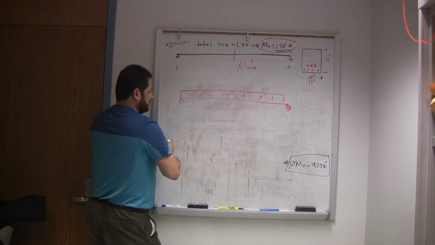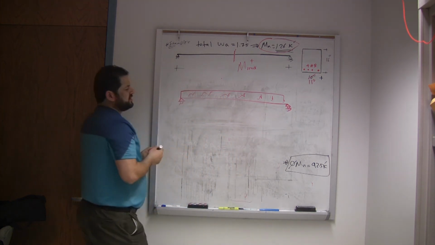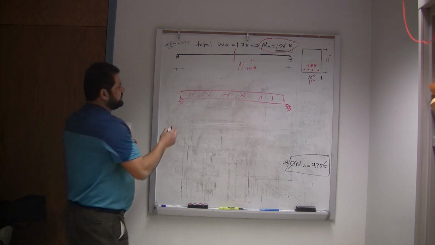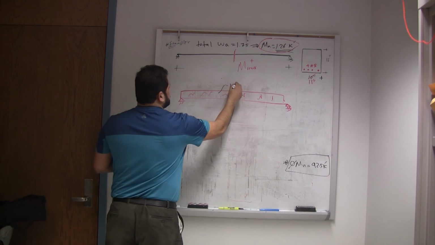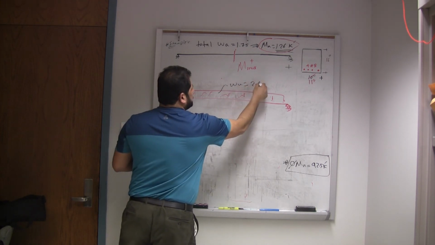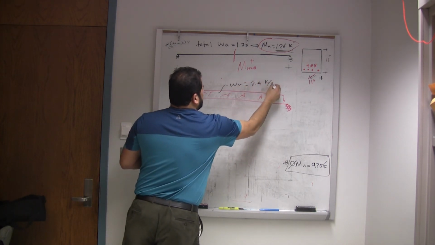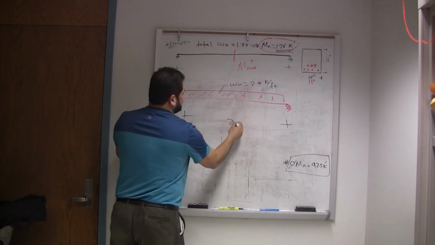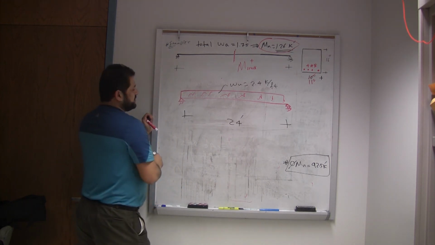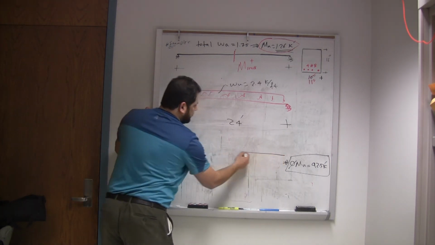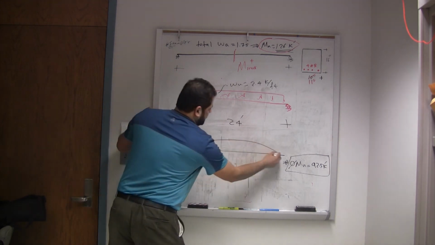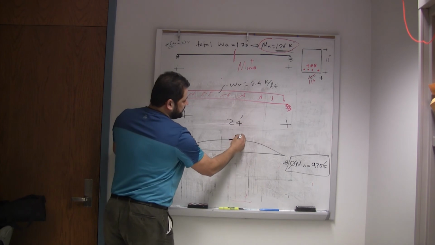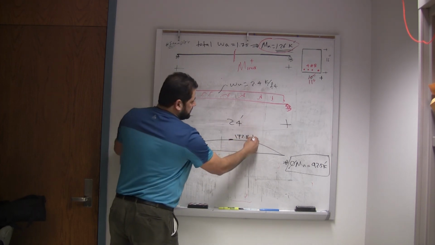It was 1.2 times 1 plus 1.6 times 0.75, 2.4. Per foot, right? And this length is 24 foot. So the moment diagram will look like the following. It's a positive parabola, and the maximum here is the one we calculated, 172.8 kip foot.